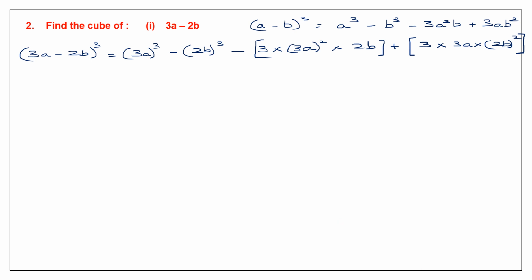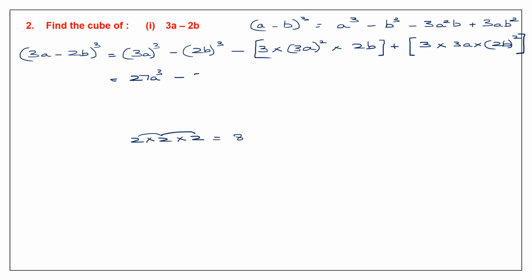Now let's simplify this. So 3a cube, that means you multiply 3 three times, so 3 into 3 into 3. 3 3s are 9, 9 3s are 27. So 3 cube is 27. So this is 27a cube minus, now here we have 2b cube. That means we multiply 2 three times, so 2 into 2 into 2. 2 2s are 4, 4 2s are 8.